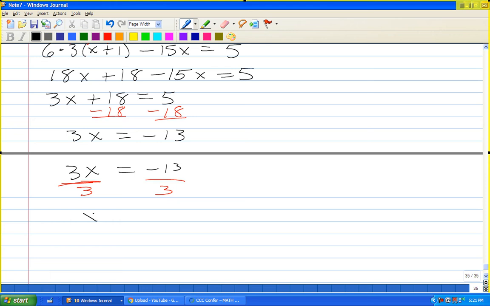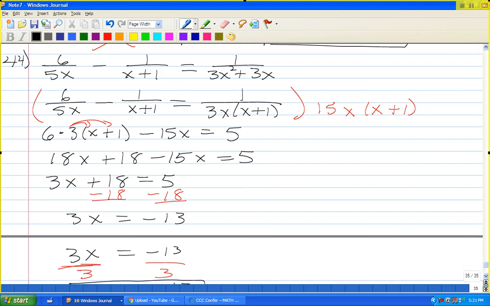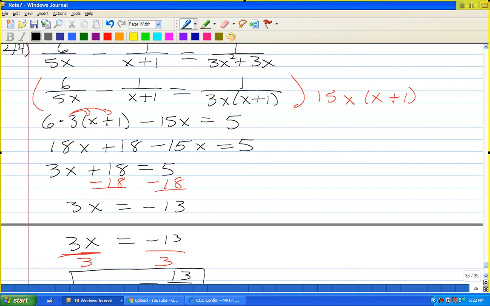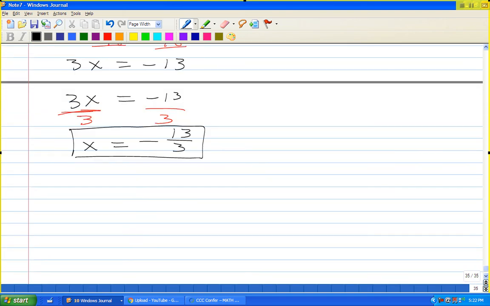And so I have that x equals negative 13 over 3. Well, when x is negative 13 over 3, I'm not dividing by 0. And so that's your answer. Then we do problem number 45.